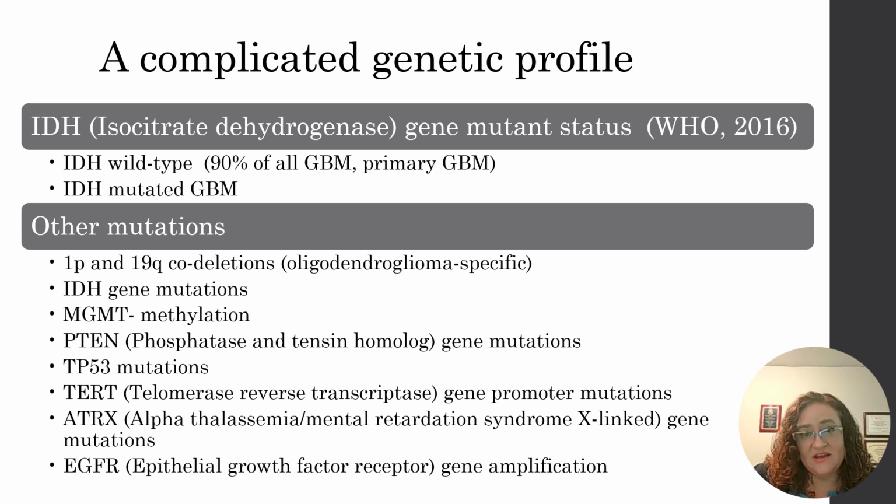TP53 is an inherited oncogene that leaves folks with a 90% chance of developing some type of cancer in their lifetime, but it is the most frequently mutated gene seen in gliomas. It's seen in about 30% of primary glioblastoma, which is the sudden onset type, and about 70% of secondary glioblastoma, which is the one that develops from astrocytomas.